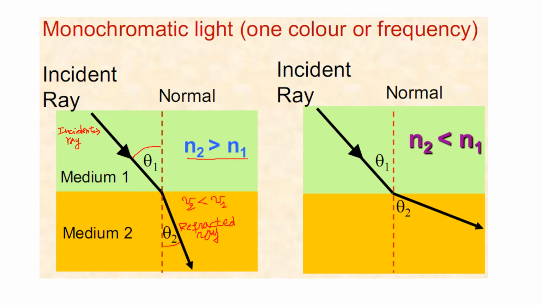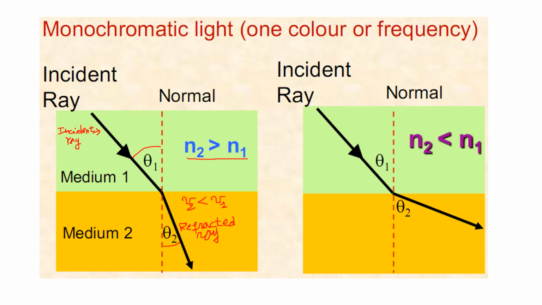If medium 2 is denser than medium 1, then the speed of light in medium 2 is smaller than the speed of light in medium 1. Since the speed of light decreases, that is the reason why the light ray approaches the normal.